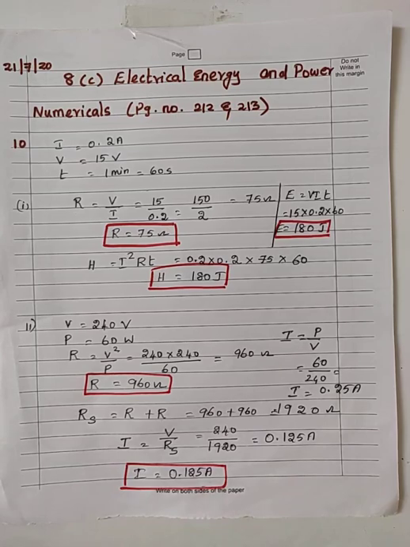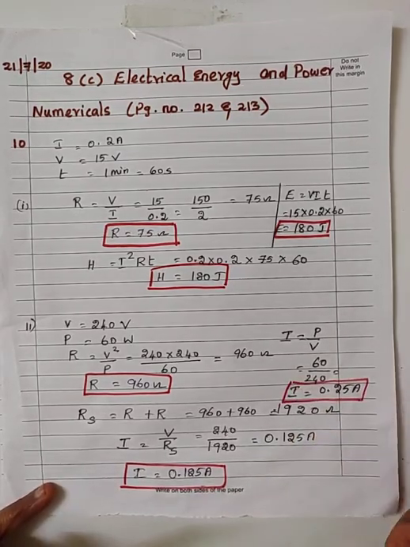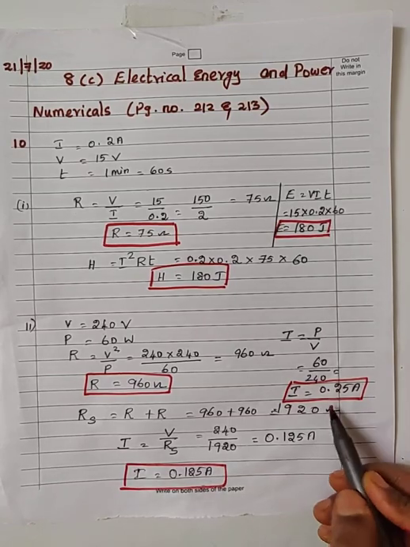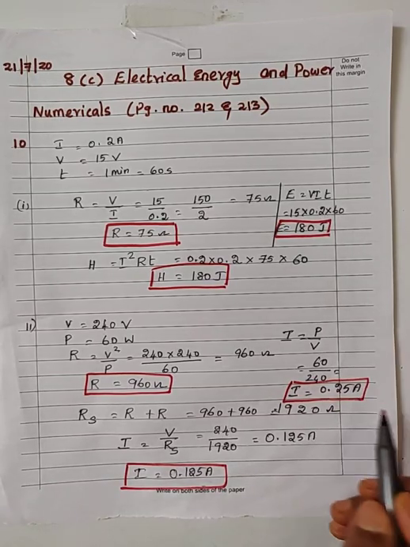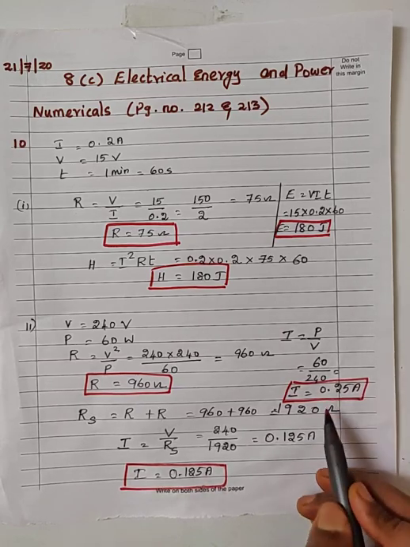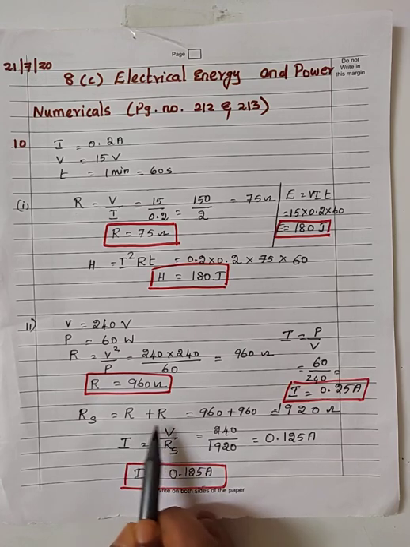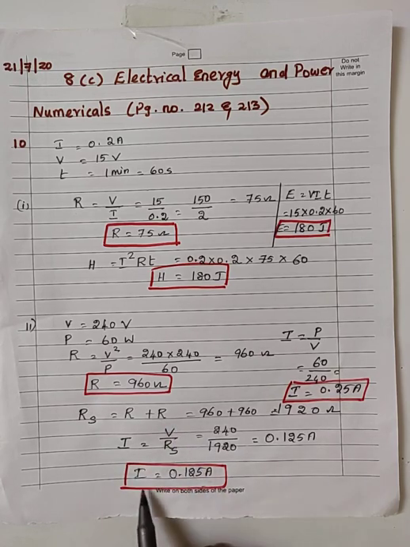So this is the current required by each bulb for its operation. I is equal to 0.25 ampere is the current required by the bulb for its operation. This is called the safe current. But when you are connecting two such bulbs in series, the current flowing through the bulb is equal to 0.125 ampere.